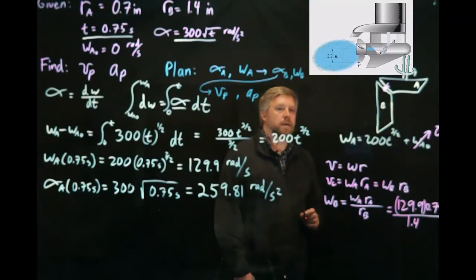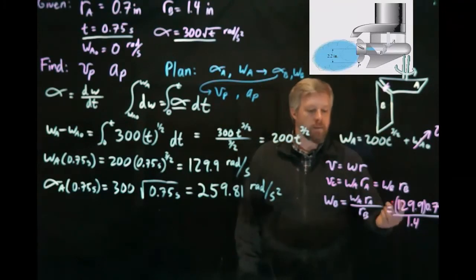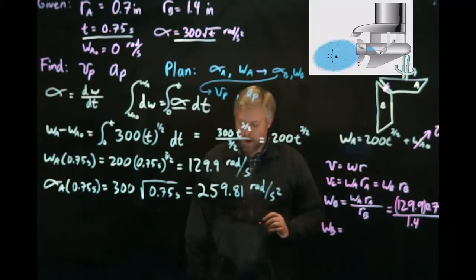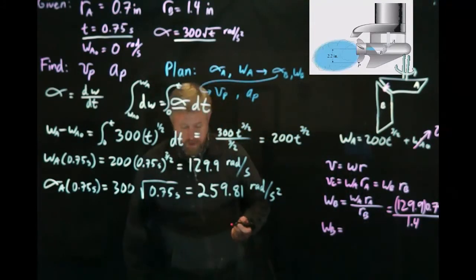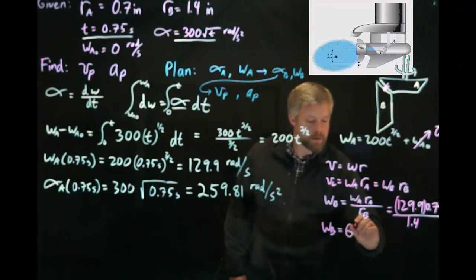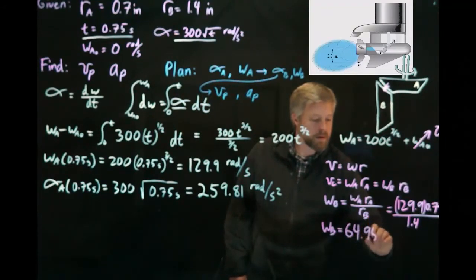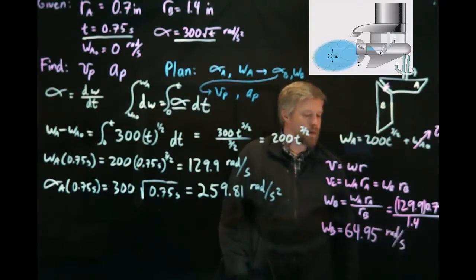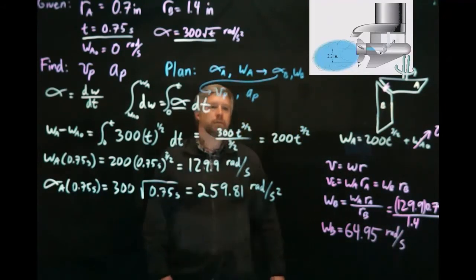And you can see it just ends up being 129.9 divided by 2. So our omega B is equal to 64.95. Okay, that one wasn't so bad.